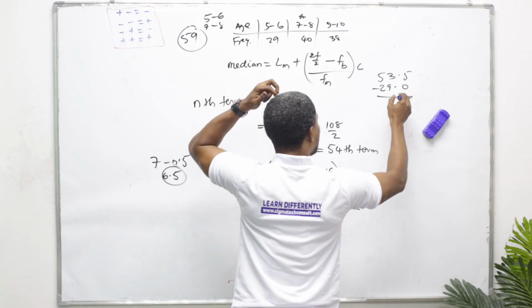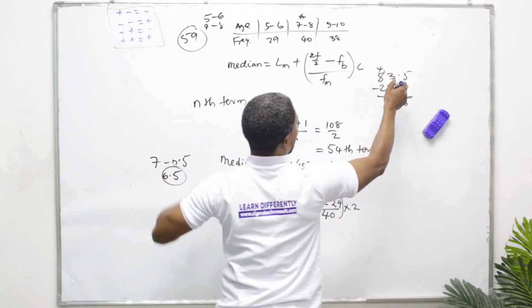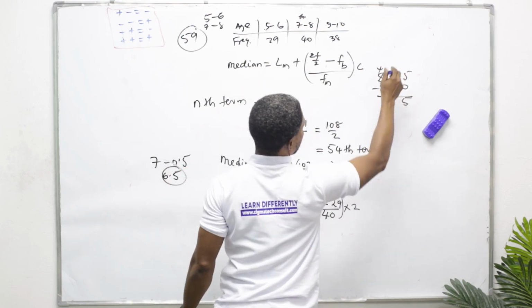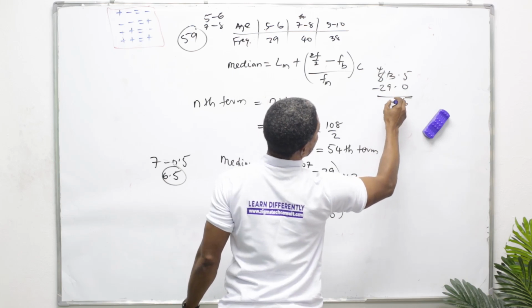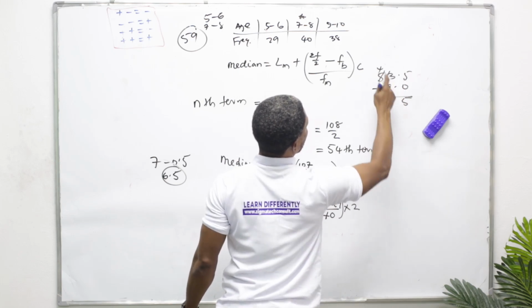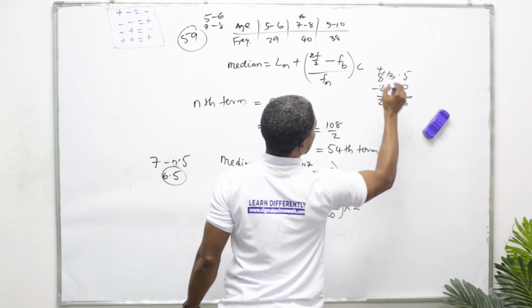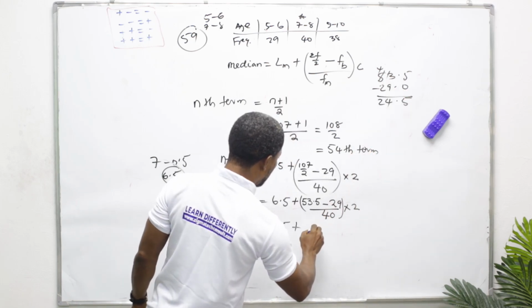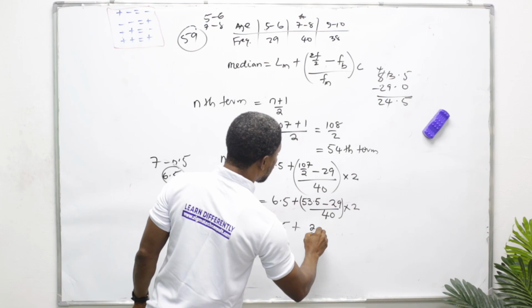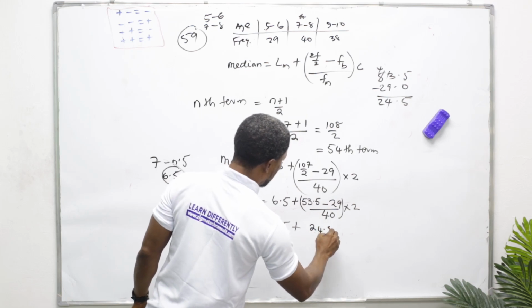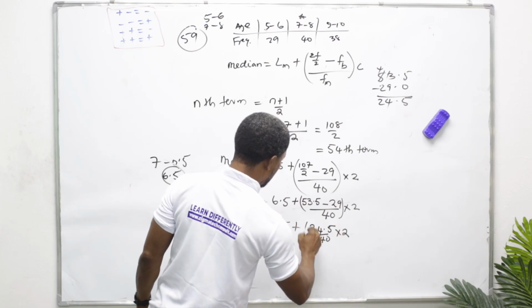This is 5, you cannot, so here is 4, take 1 to here, that is 13. Then this minus this is 2. So you're going to have 24.5 divided by 40 times 2.